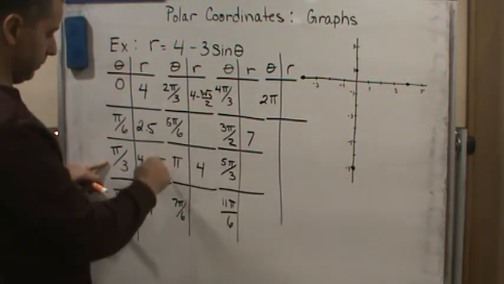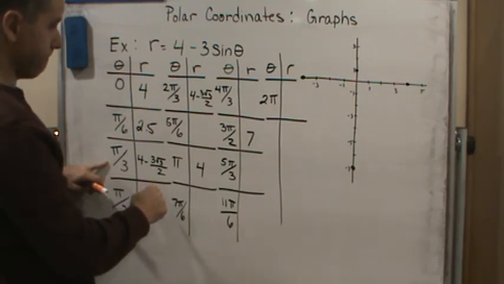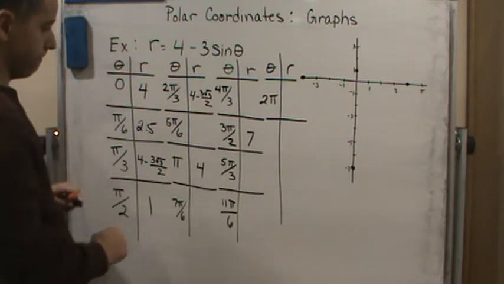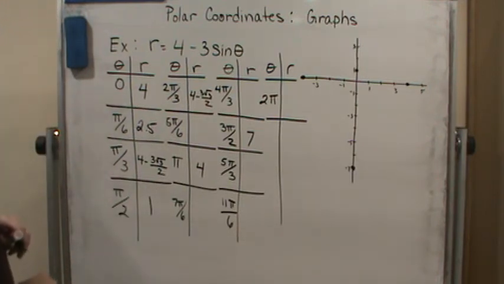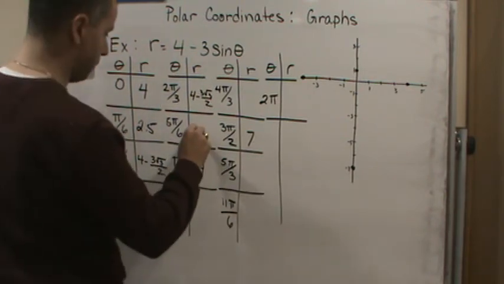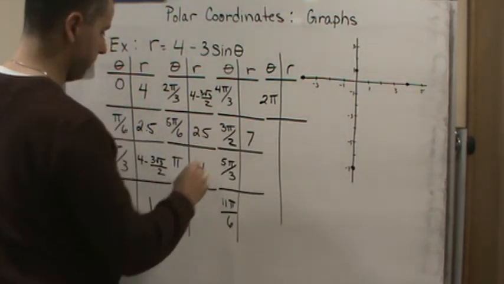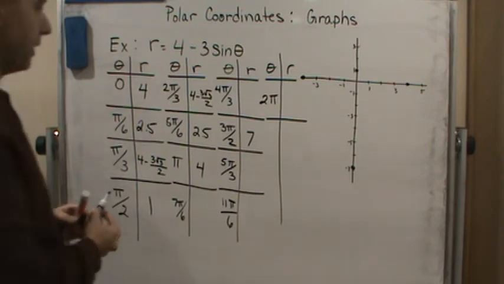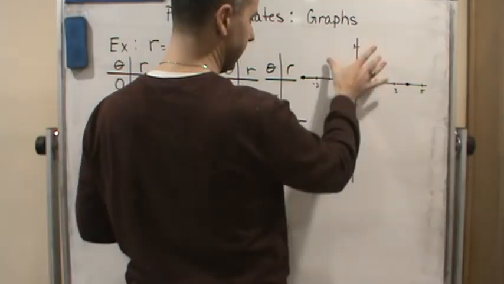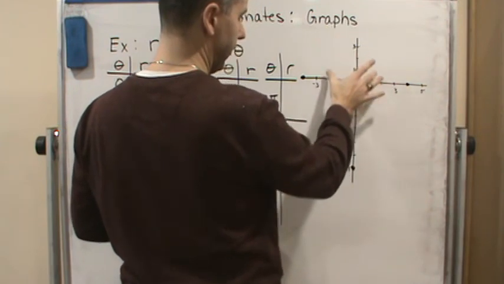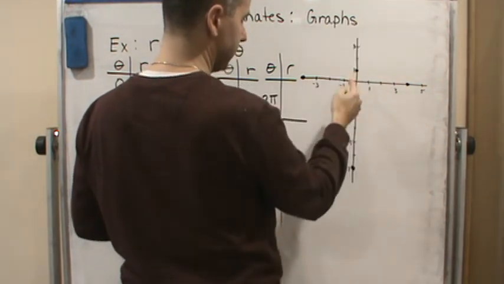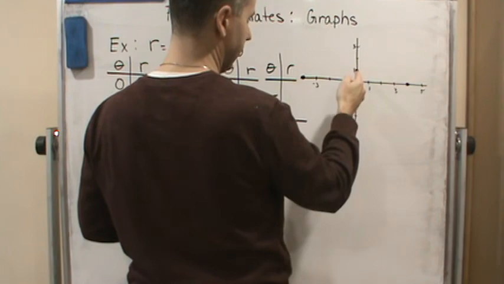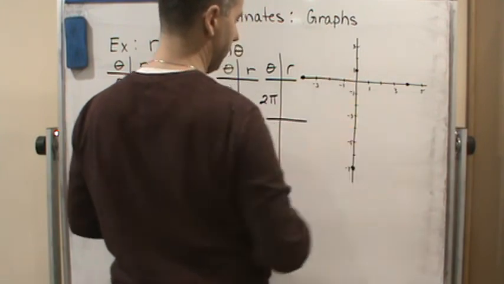So it's going up a little bit, right? And then this is going to be 2.5. And again, it makes sense because it's symmetric about theta equal pi over 2, so the y-axis, so it's doing this and it's doing this.